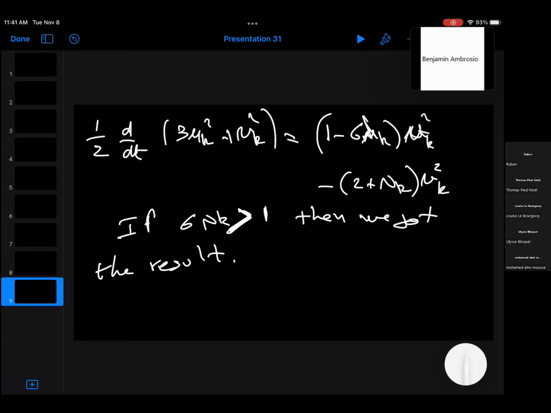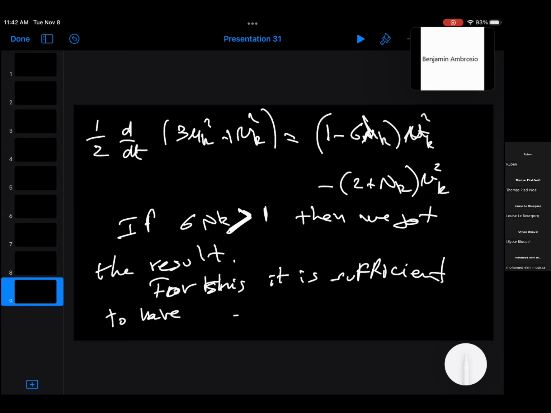And to ensure that sigma lambda K is greater than 1, it is sufficient to have sigma greater than 1 divided by lambda 1. Okay, but that's not optimal.